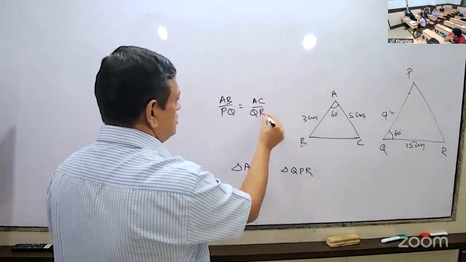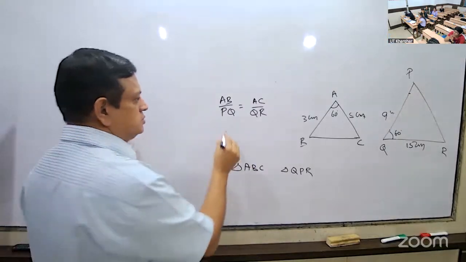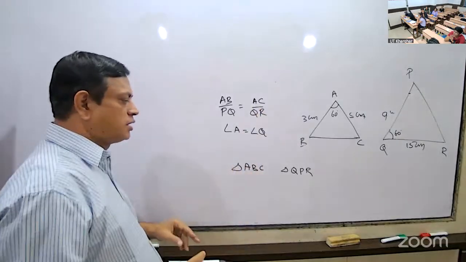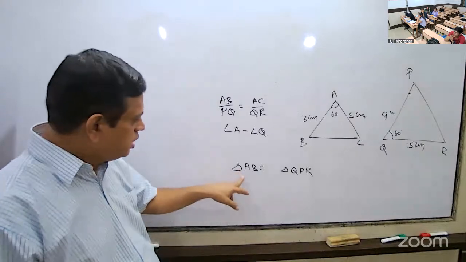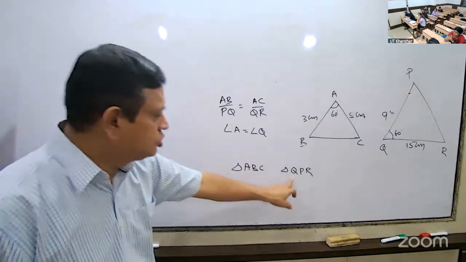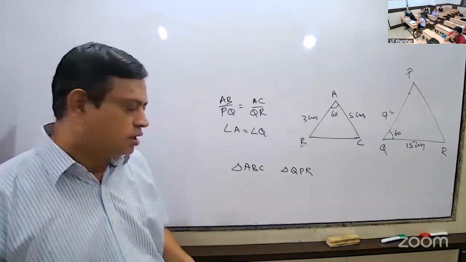Both are equal to 1 by 3. Yes or no? Then next is angle A is equal to angle Q. Now check if these two triangles are similar. Now the ratio you check, AB upon PQ is equal to AC upon QR. So it is correct.